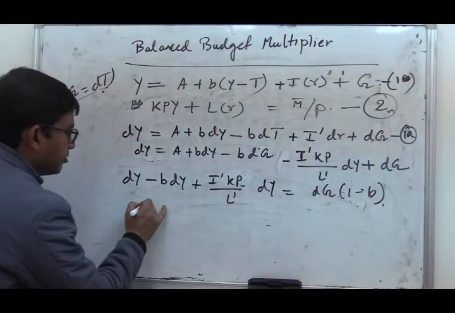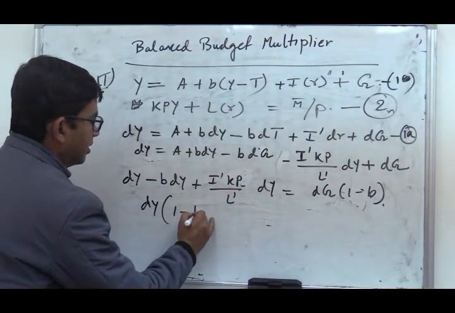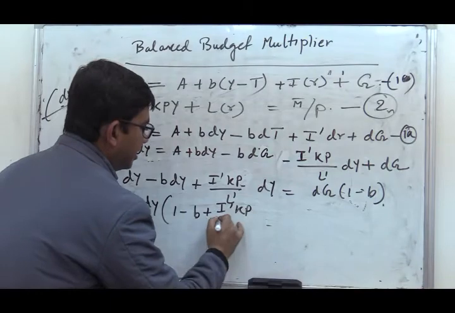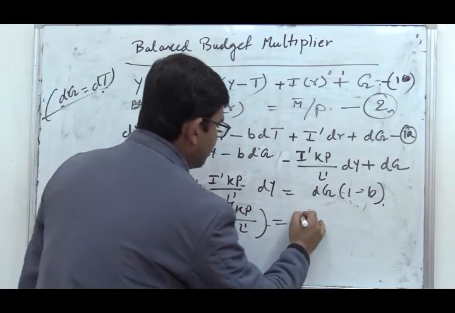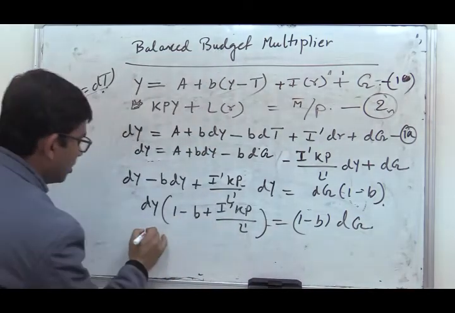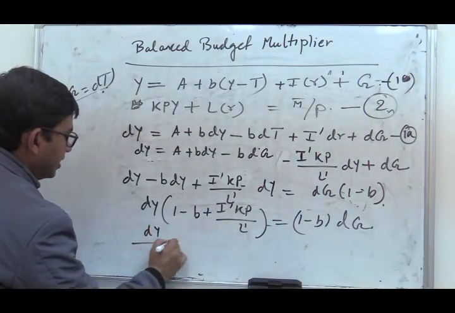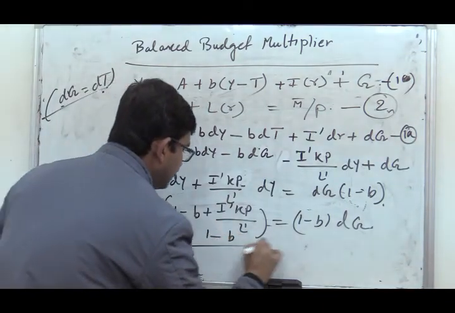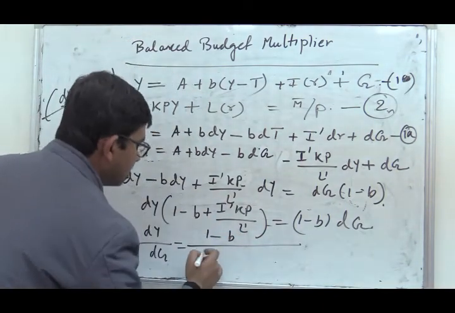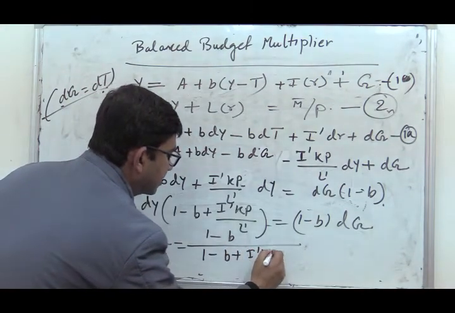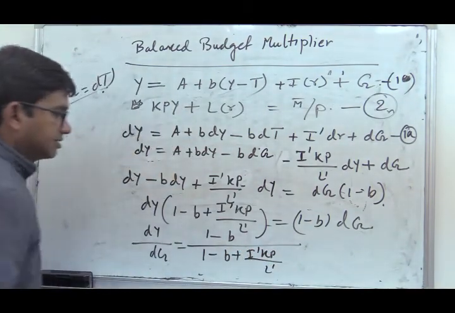If we take dY as common, dY into (1 minus b plus I dash kP by L dash) equals (1 minus b) into dG, or dY by dG equals (1 minus b) divided by (1 minus b plus I dash kP by L dash).